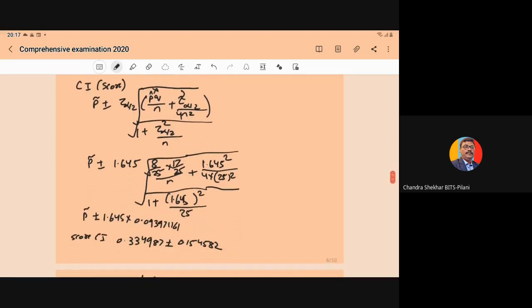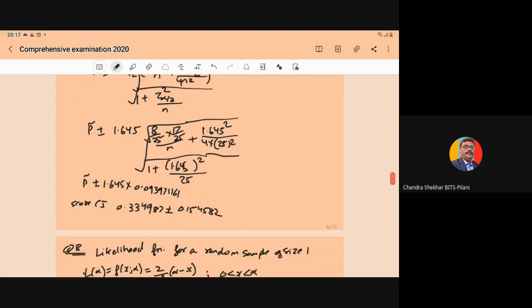So just put the values. So p tilde plus minus 1.645 root of 8 upon 25 into 17 upon 25. Q cap is nothing but 1 minus p cap, upon n that is 25, plus z square 1.645 square upon 4n square, 4 into 25 square, upon 1 plus z square 1.645 square upon 25.